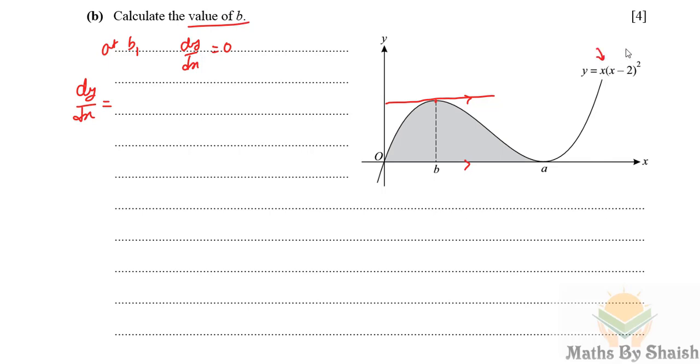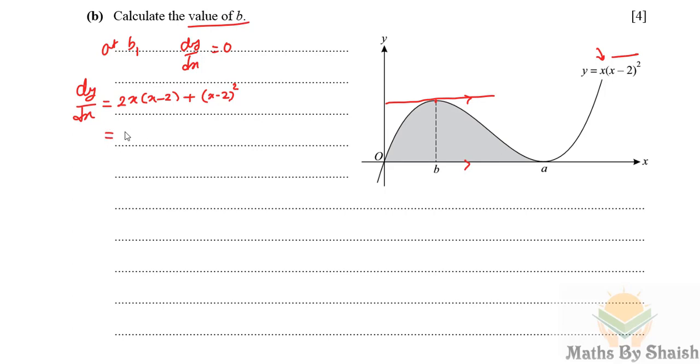X is the first function, and this is the second function. I'll write the first function as it is, x, and the differentiation of the second function is 2 times (x minus 2), and then the second function as it is, that is (x minus 2) whole square, and the differentiation of the first function, which is only 1, because the differentiation of x is 1.